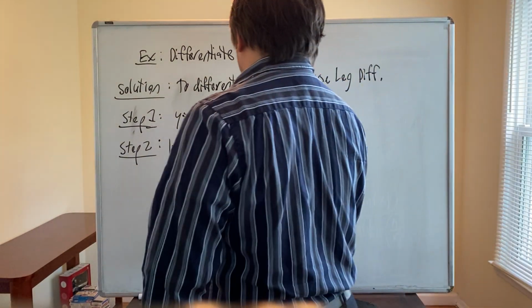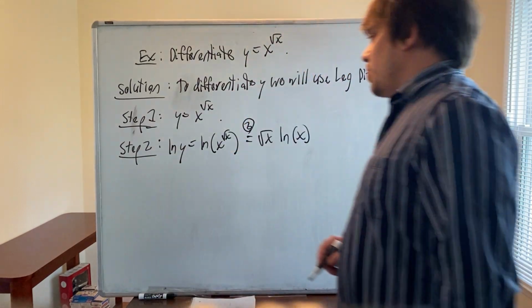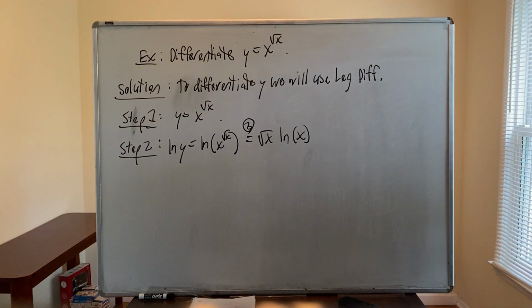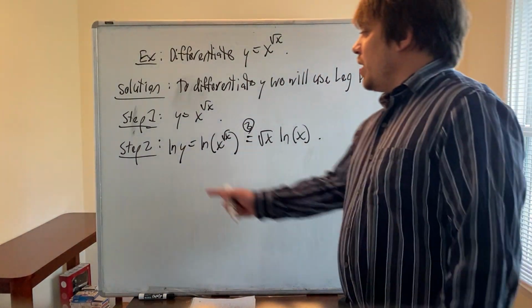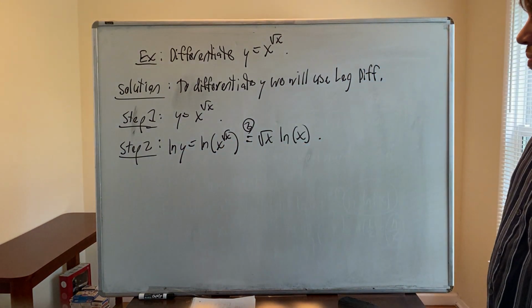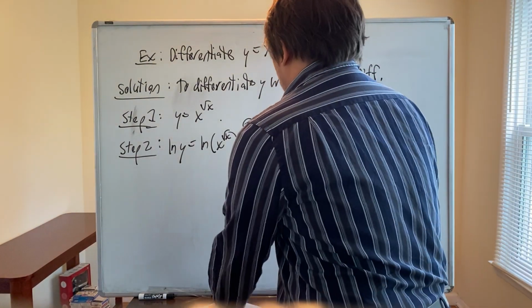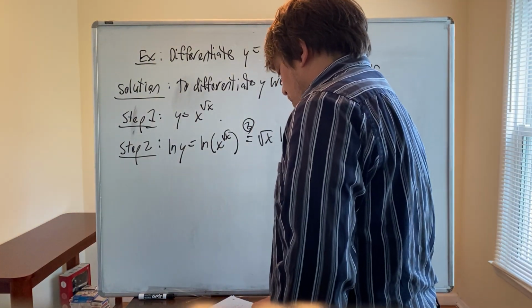So then this is equal to the square root of x, ln of x, by the 3rd law of logarithms, okay? So we took the ln of both sides and we simplified this using the laws of logarithms, okay? Now we're going to differentiate implicitly with respect to x on both sides of this equation.